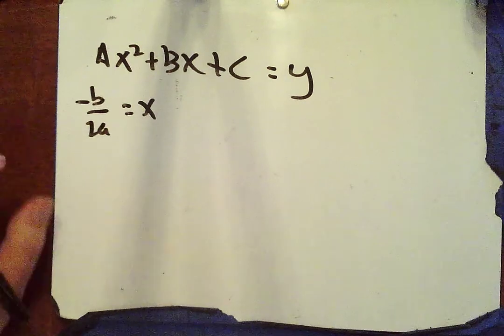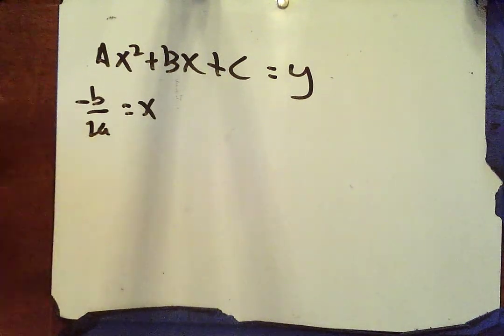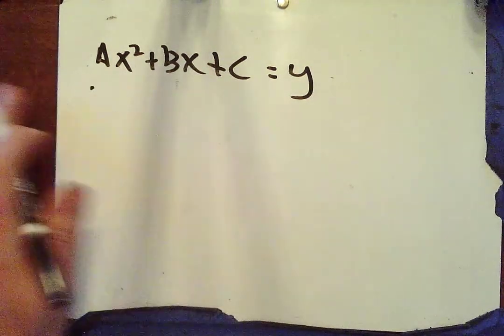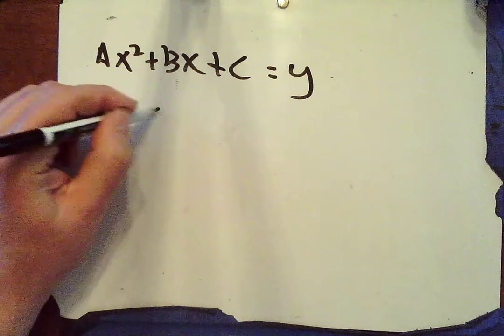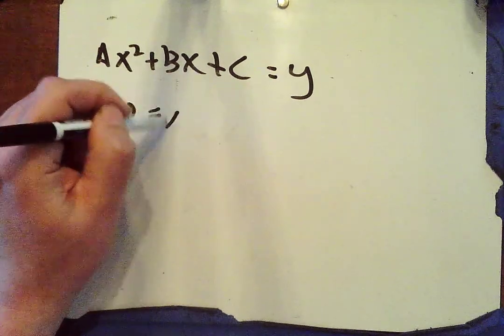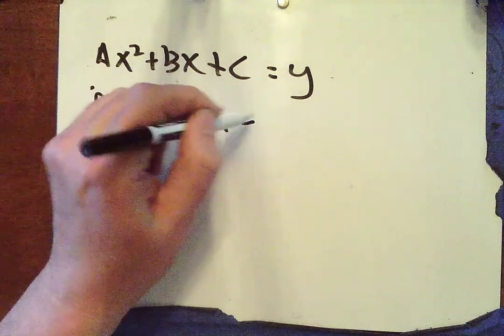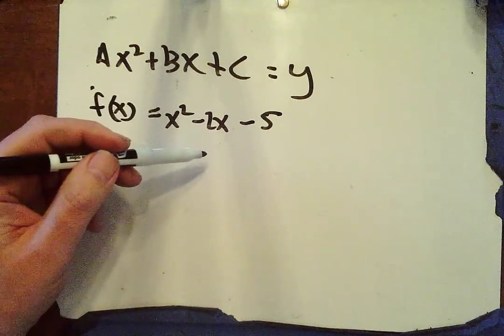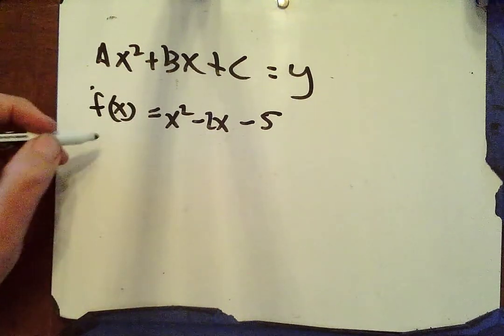But let's imagine the universe where you have to rewrite this in vertex form. So, part A, I'm looking at f of x equals x squared minus 2x minus 5. Now, I'm supposed to write this in vertex form, which means I need to find the vertex.